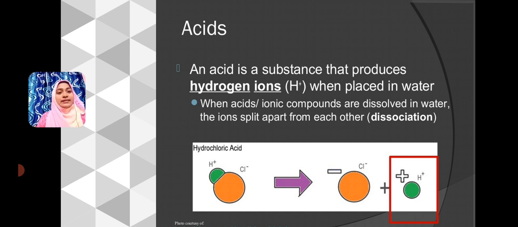This splitting apart is called dissociation, meaning the breaking up of ionic compounds. Hydrochloric acid dissociates to form chloride ion, which is negative, and hydrogen ion, which is positive.